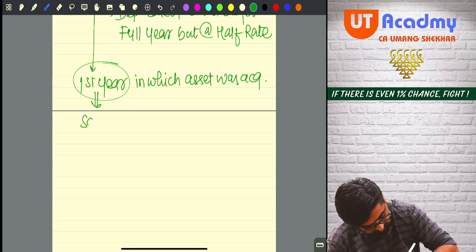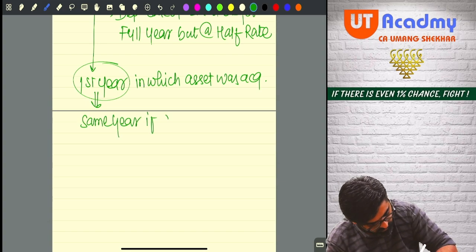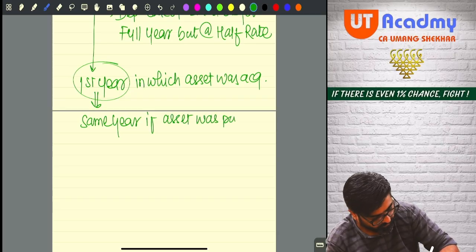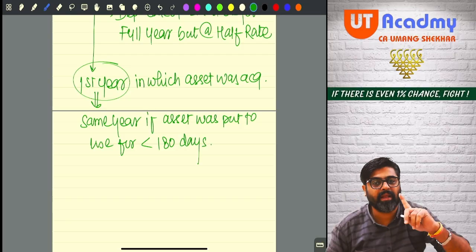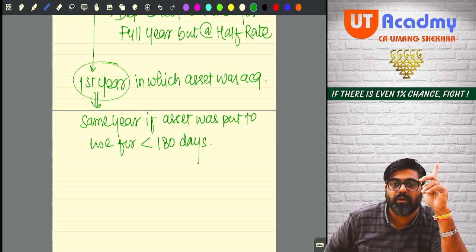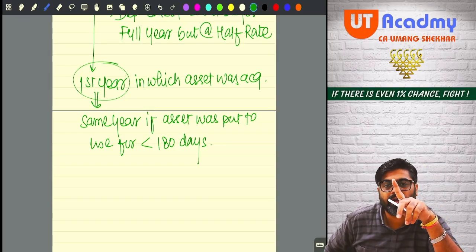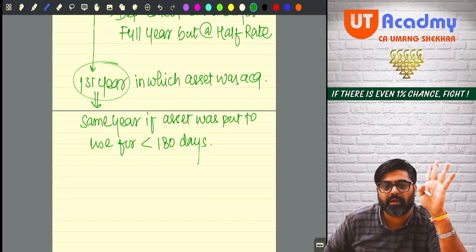In that same year, if the asset was put to use for a period of less than 180 days, only then in that first year, the depreciation will be calculated for full year but at half rate.